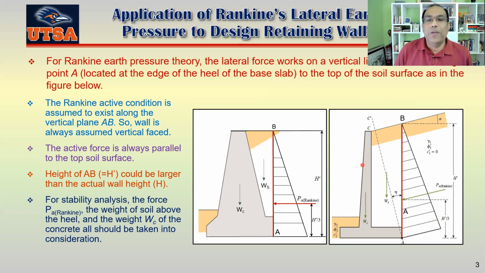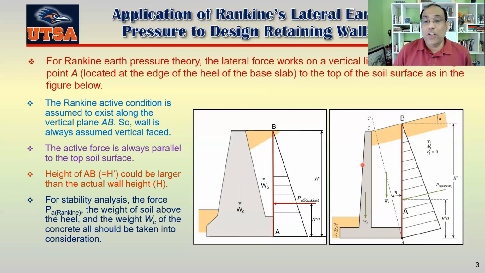Okay, so you have to just remember three things here. First of all, you just draw the line from A to B, and your active force will be working on the line AB. So all the time we'll assume that the back face is perpendicular. Okay.